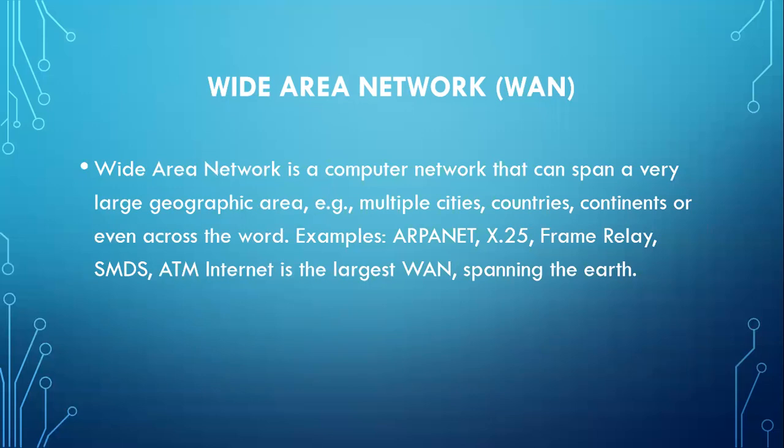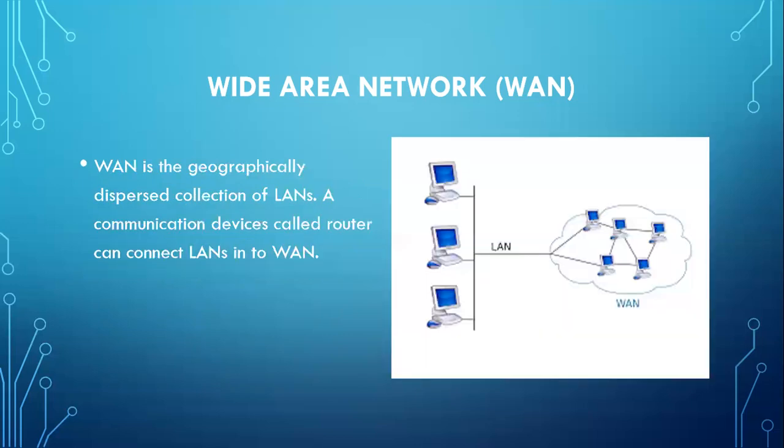A WAN may contain many local area networks connected together to build a large geographical area network. It is a geographically dispersed collection of LANs. A computer can connect to these and have access to a network that runs throughout a large geographical area.